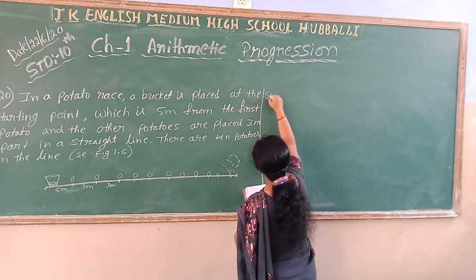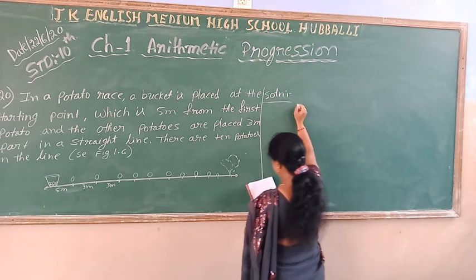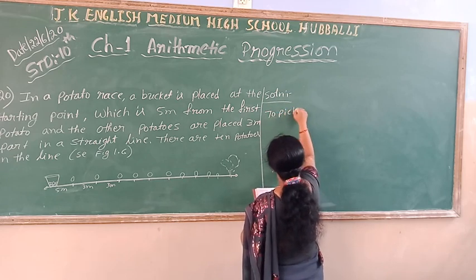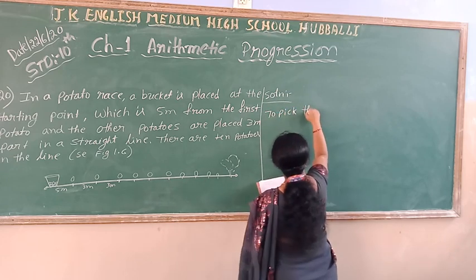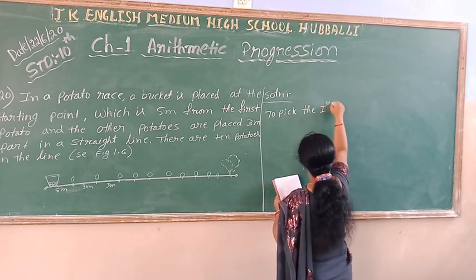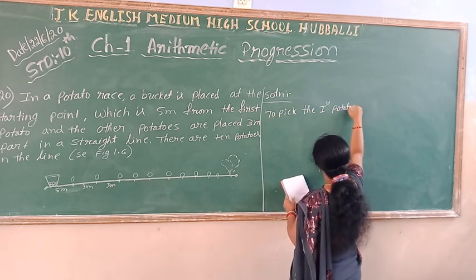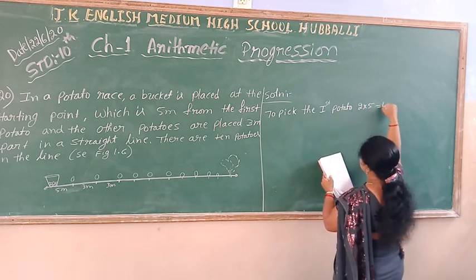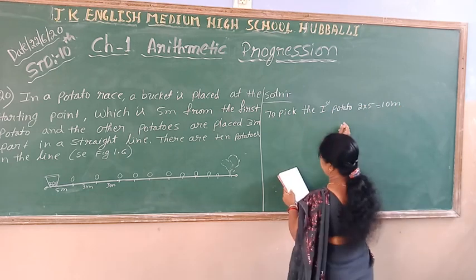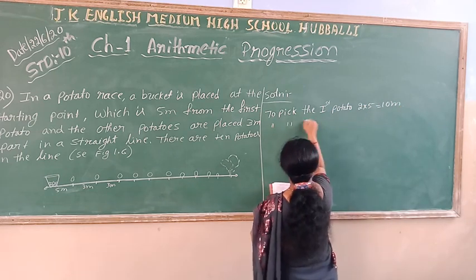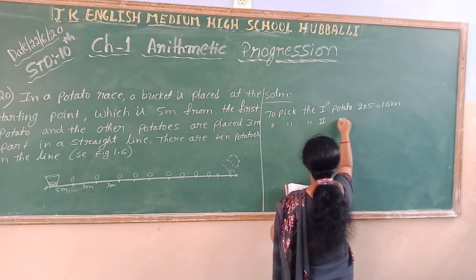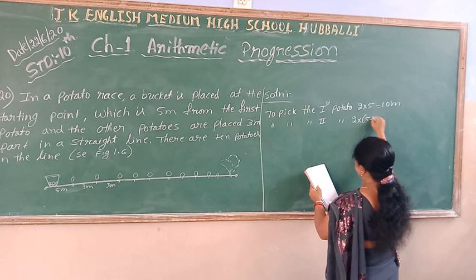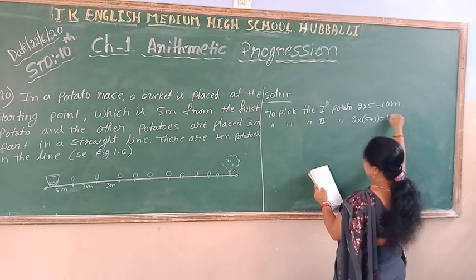So solution: to pick the first potato, she has to run 2 into 5 is 10 meters, and to pick up the second potato, she has to run 2 into 5 plus 3, that is 16 meters.